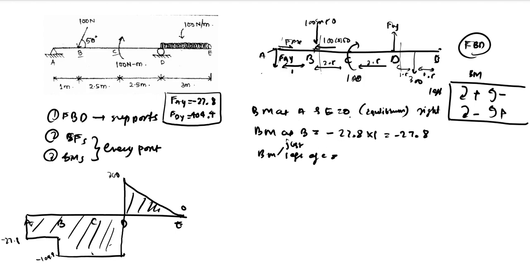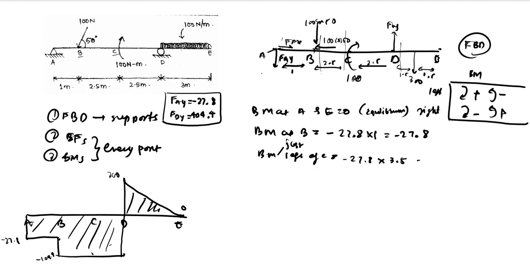Let us calculate from the forces on the left. Just left of C there is a cross section and we are calculating from the left, so this moment we need not include. We have 27.8, which gives an anti-clockwise moment, so minus 27.8 into the distance, 2.5 plus 1, is 3.5.